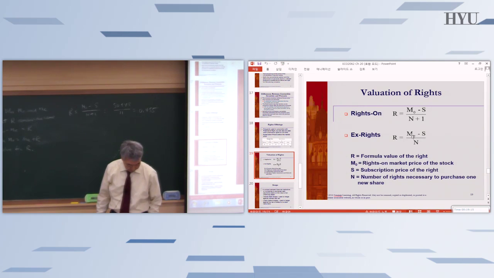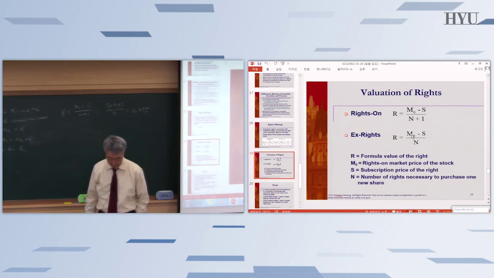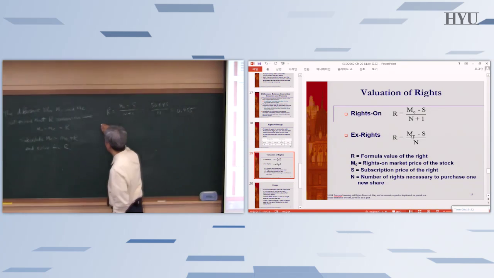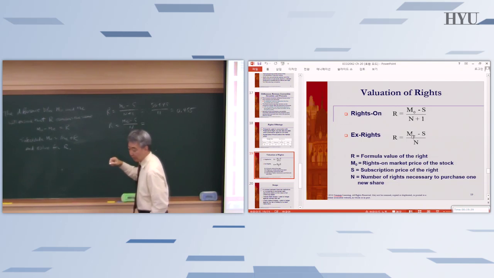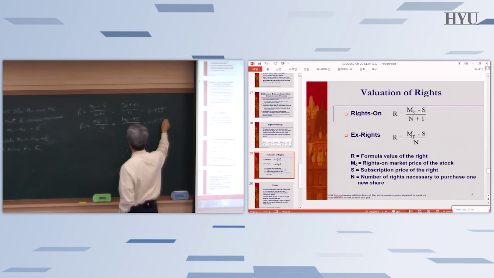And what about the second question? How about the ex-rights price? Using the formula, ME minus S divided by N, so whatever ME is, minus 45 divided by 10 should be 0.455, right?